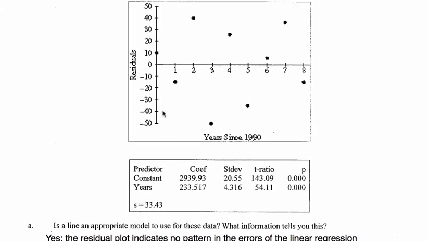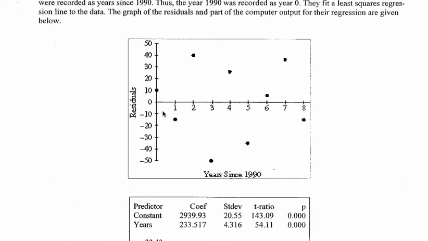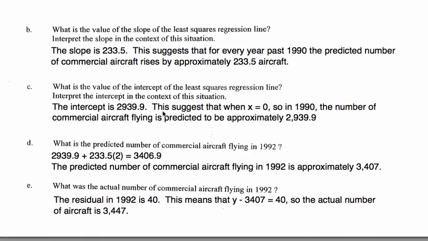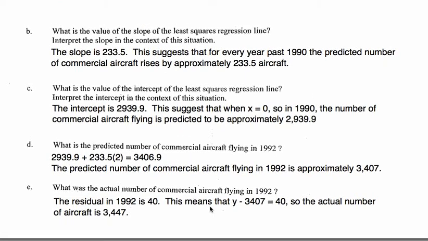Notice you don't have a plot, the original scatter plot. You don't have the original X and Y explanatory and response values plotted anywhere. You only have a plot of the residuals. But you do know what a residual is. A residual is the difference between the actual value of y and the predicted value of y.